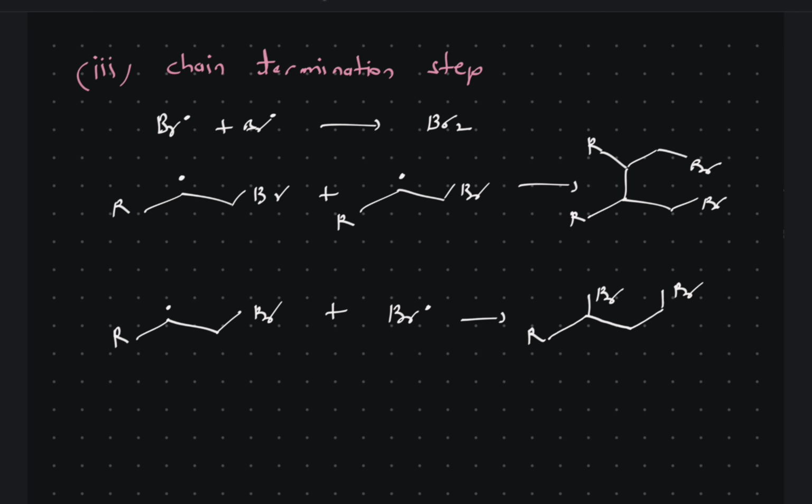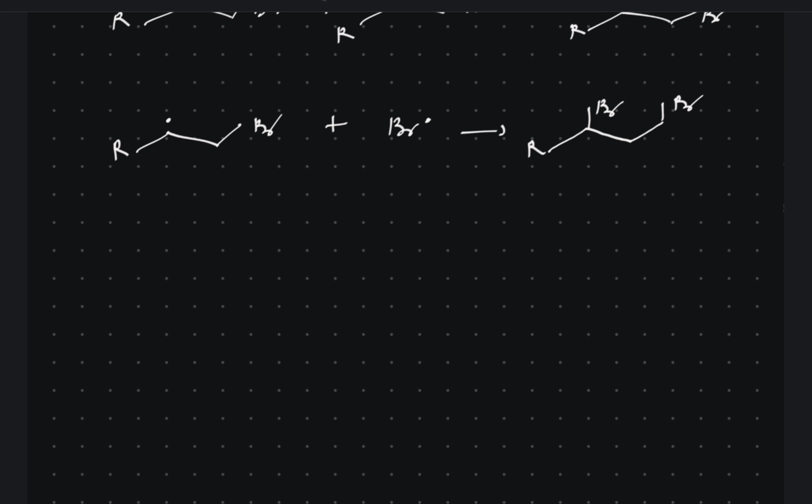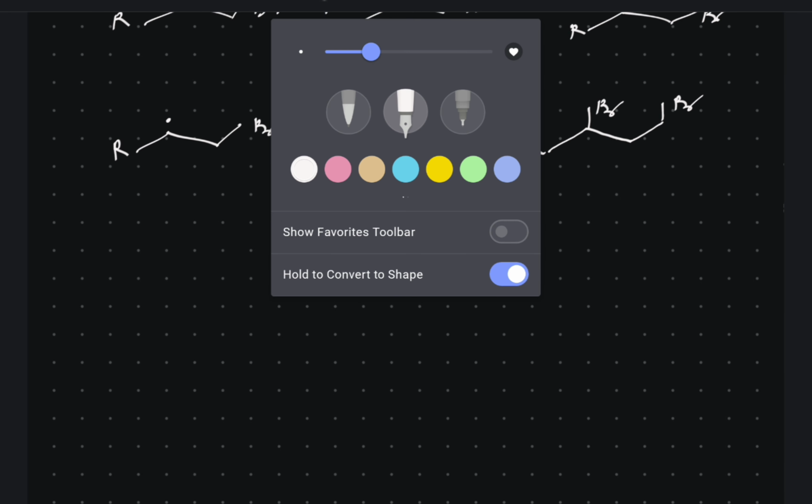Now let's come to the third point. Why does only HBr show the peroxide effect, and not HF, HCl or HI? They are not showing the peroxide effect. So suppose we have HF, HCl, HBr or HI.